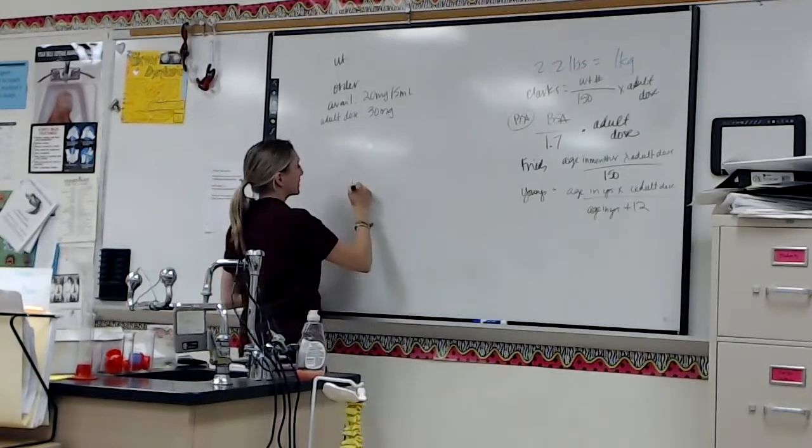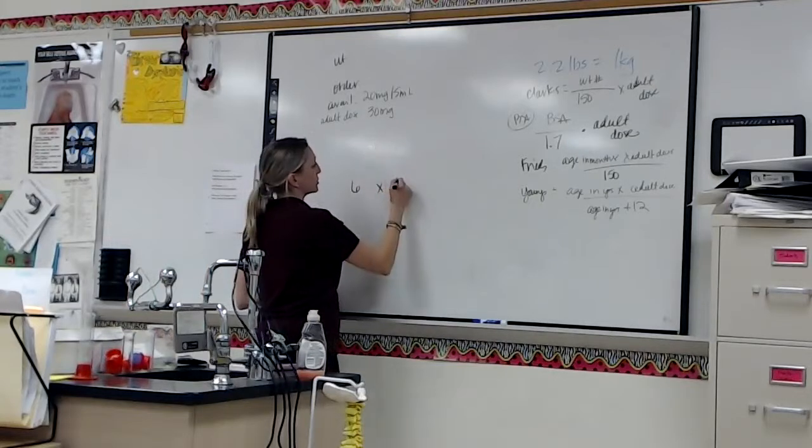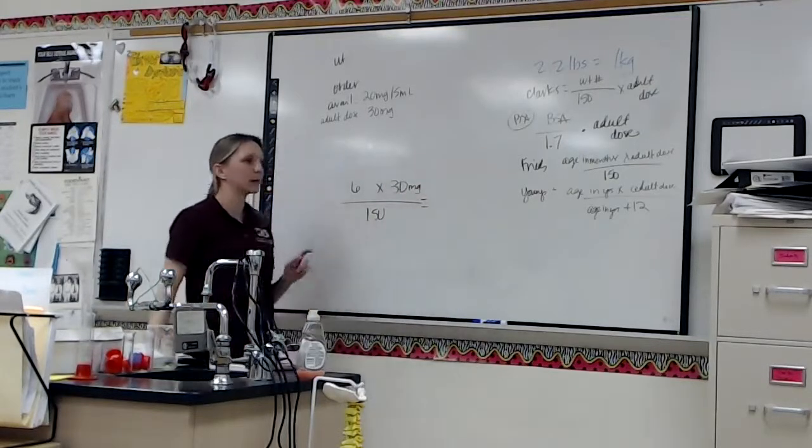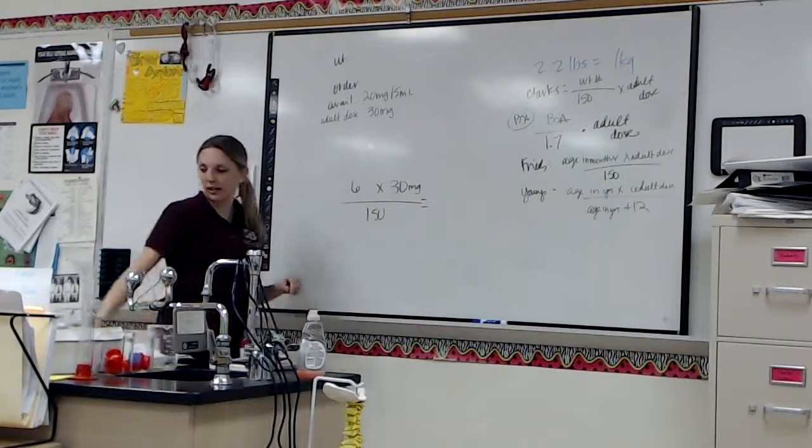Age in months is 6 times the adult dose, which is 30 milligrams, divided by 150. This is going to tell us how many milligrams they actually need.